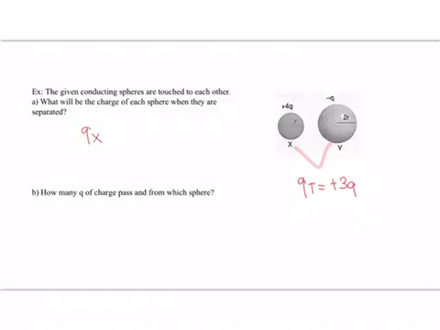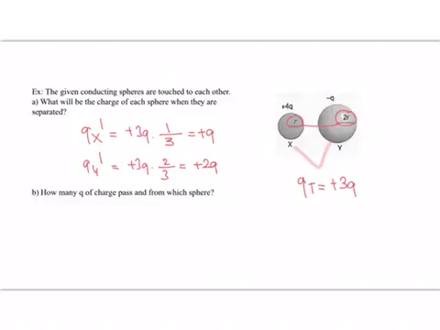So the new charge of X will be the total charge times, it has a radius R, so the total radius 3R, so it will take 1 over 3 of the total charge, plus Q, and Y will take the rest, or 2 over 3 of the total charge, equal to plus 2Q.